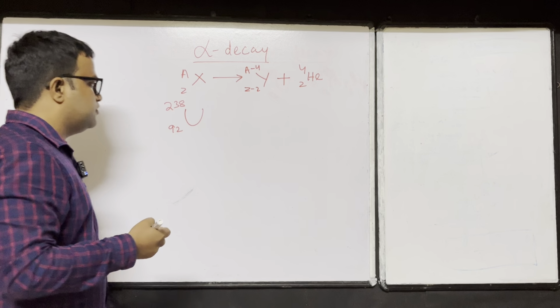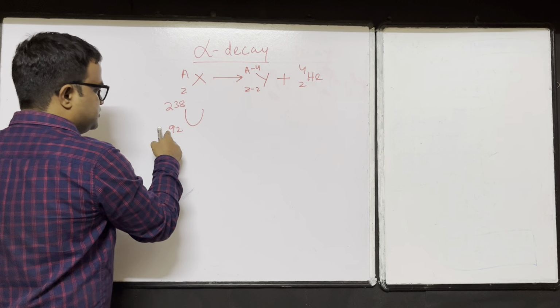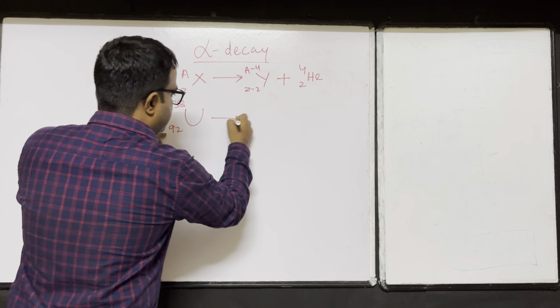Atomic number is the proton number, so here it is atomic number Z. Uranium will decay to a newer element, thorium 90 234, plus a helium, because you see 90 plus 2 is 92, and 234 plus 4 is 238. The mass number and the atomic number, the proton number, are both balanced here. So this type of disintegration is called alpha decay.